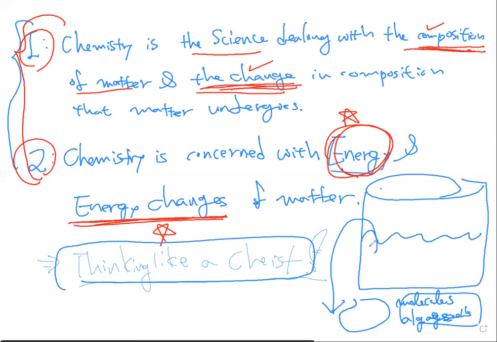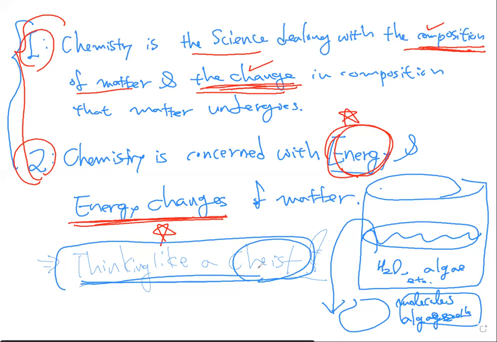Well, actually, the water must be transparent. You cannot see any molecules or ions. But as a chemist, you can imagine there is water and some algae. Okay, thinking like a chemist.